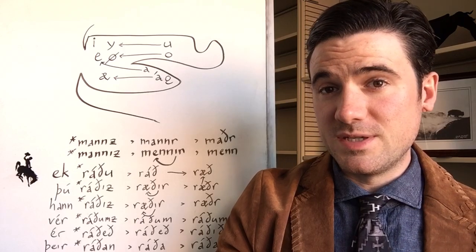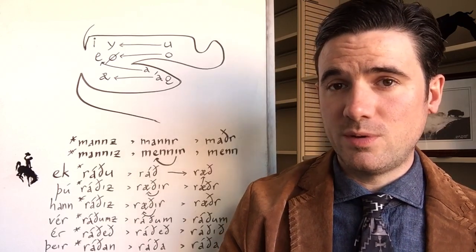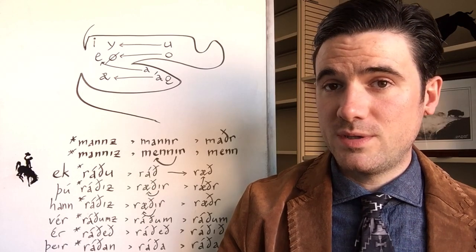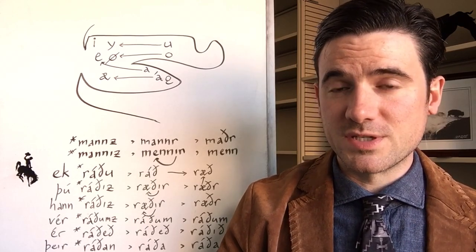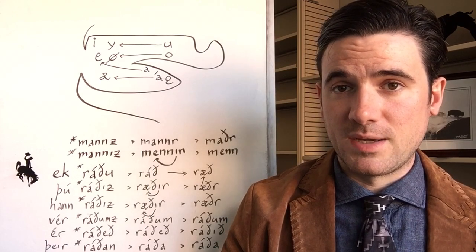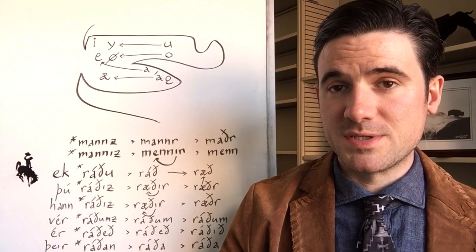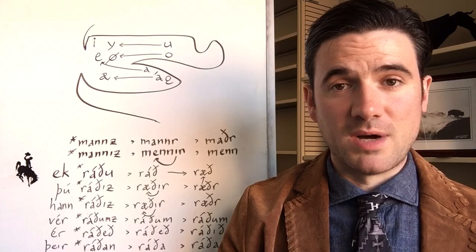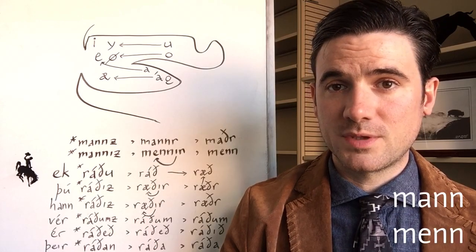This has affected English too, although of course English and Old Norse take somewhat different routes here. One word where this has affected both English and Old Norse is man. Notice that the plural is men, just like in, say, Norwegian, the singular is man and the plural is men, right?